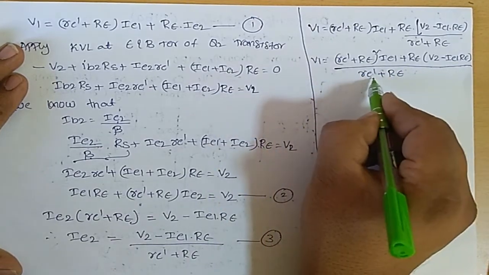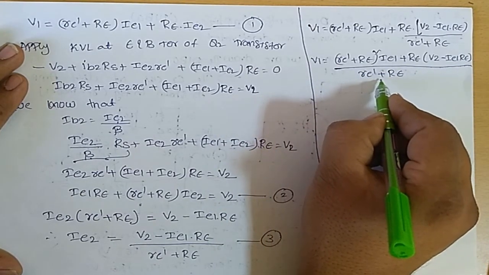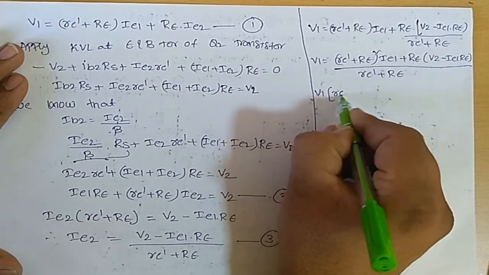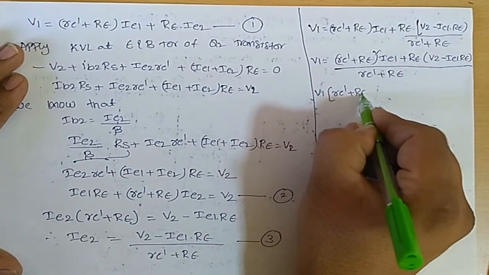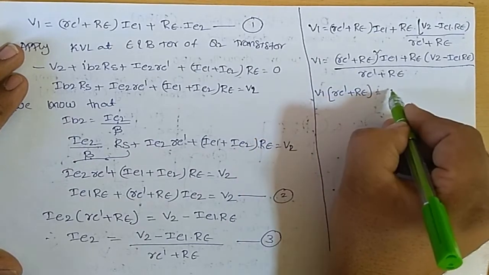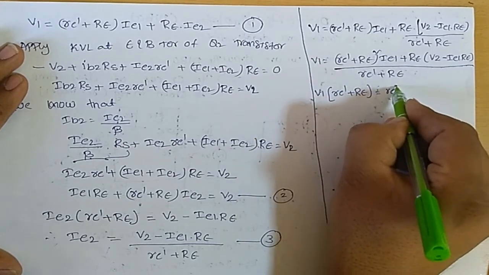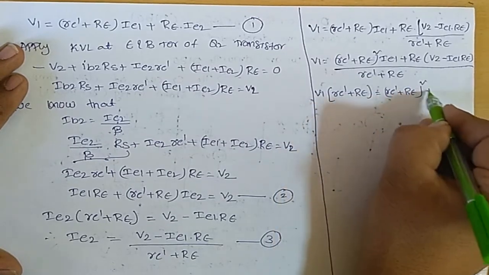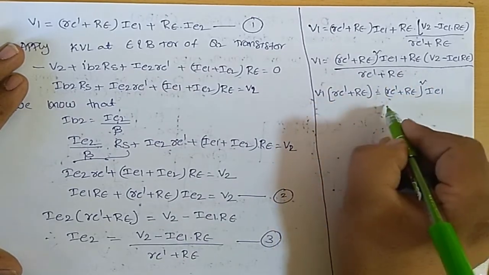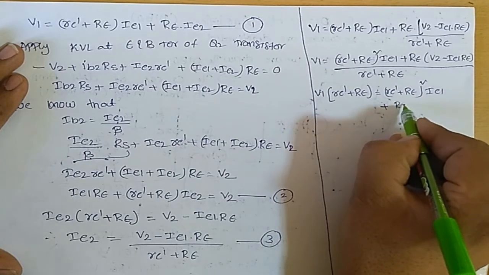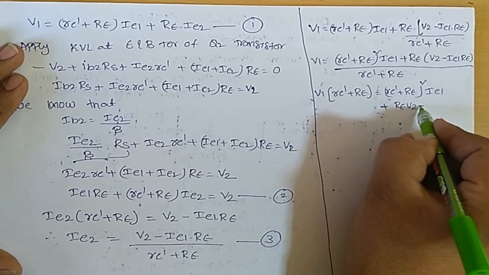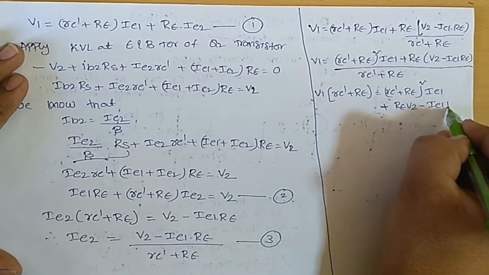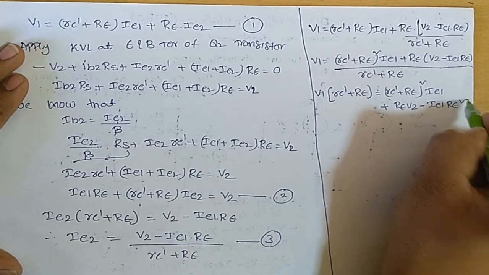This denominator term we shift to the left side, that is V1 of RE dash plus RE is equal to RE dash plus RE whole square into IE1 plus RE V2 minus IE1 into RE square.